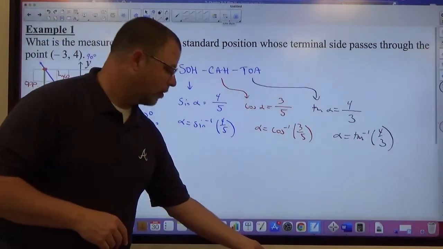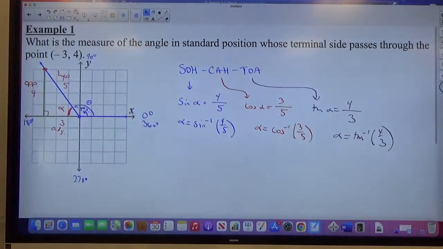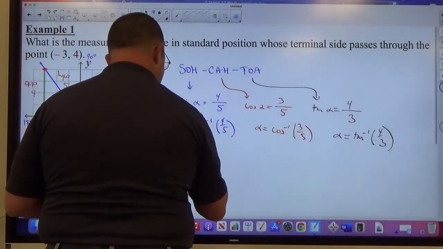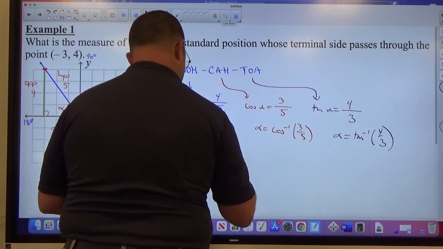I don't have to use all 3 because all 3 are going to have the exact same answer. You'll have to believe me, I got a calculator here. I don't have one on the screen anymore. If I do inverse sine of 4/5, my calculator says alpha equals 53.13 degrees.